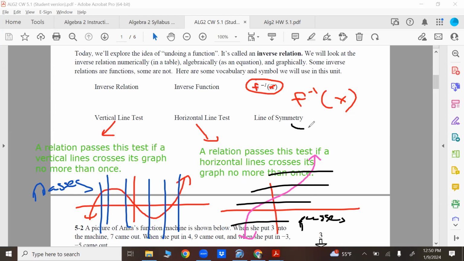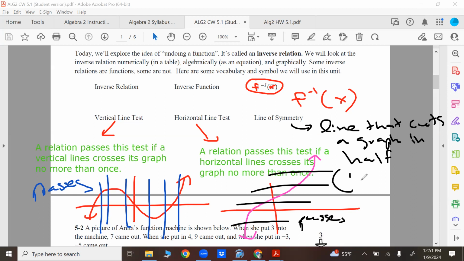Lines of symmetry, basically a line that cuts a graph in half. So both sides are mirror images of each other.